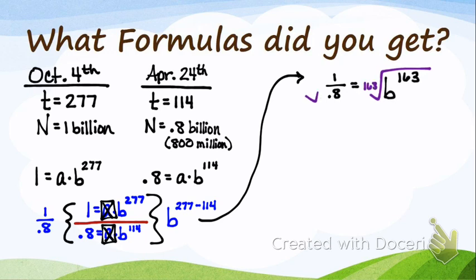Okay. So if you remember putting this in the calculator, you do the 163 first, and then you push the second key, the green key, and that thing that looks like the top part of a triangle that's missing the bottom. And then you do 1 divided by 0.8.